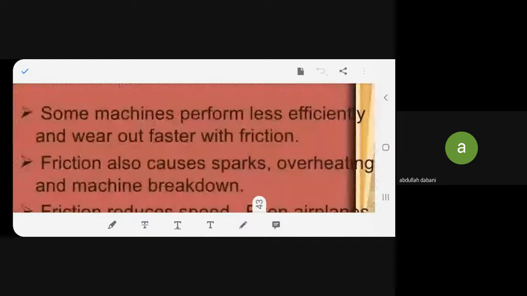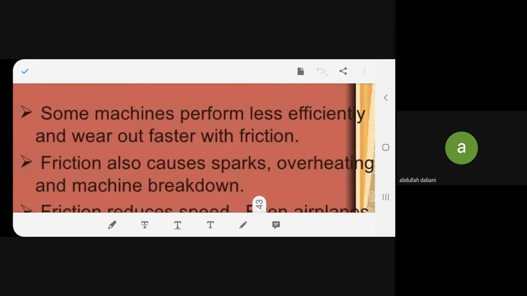Now, if you're using some machines, sometimes it happens that we buy some machines and it runs and then it stops. Then we cannot use it anymore. There may be some sound or it may not be functional. Why? Because of friction. For example, in fans also, you sometimes get those sounds, whenever you're in school.